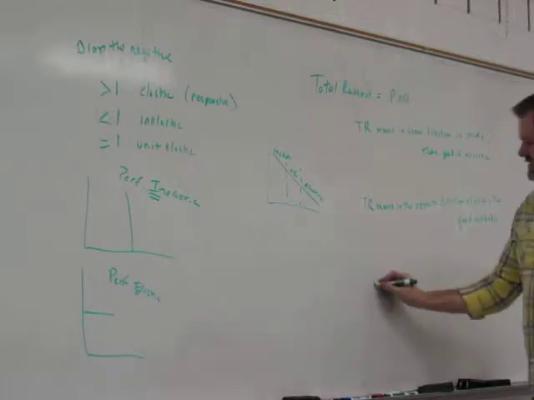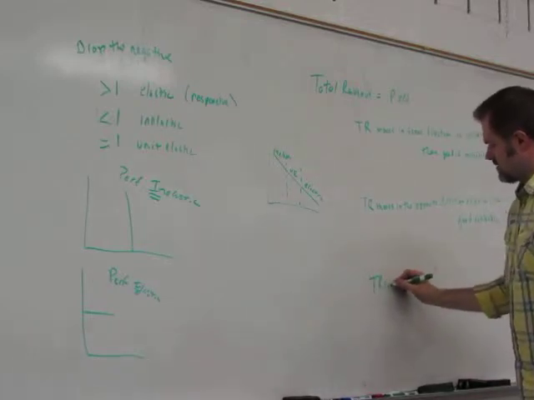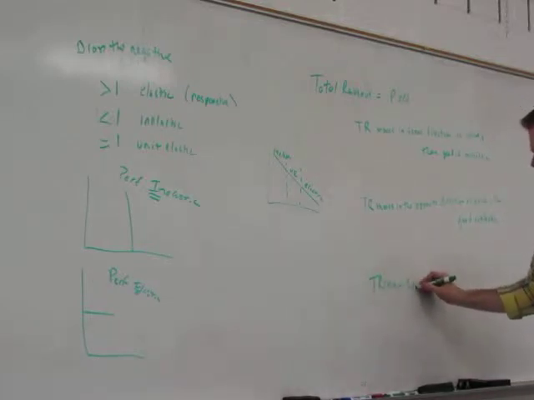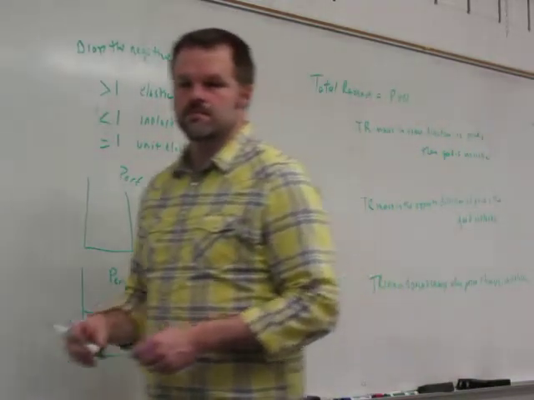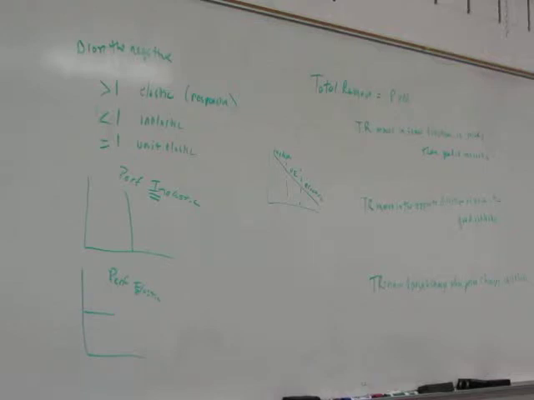All right, and that was the last thing about total revenue too. If your total revenue doesn't change when price changes, we have unit elastic. All right, that's just coefficient of elasticity of demand.